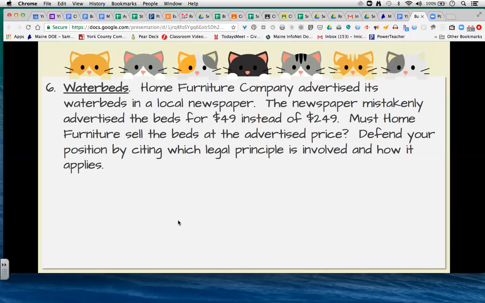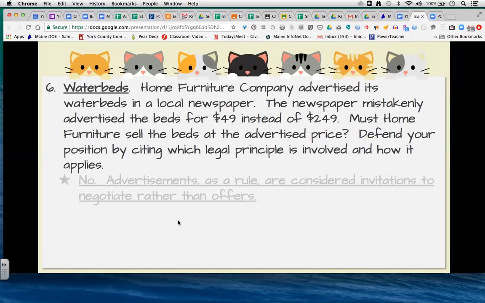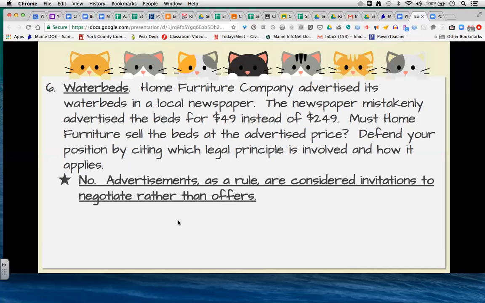Do this now on your sheet. Must home furniture sell the bed at the advertised price? No. Advertisements, as a rule, are considered invitations to negotiate rather than offers.